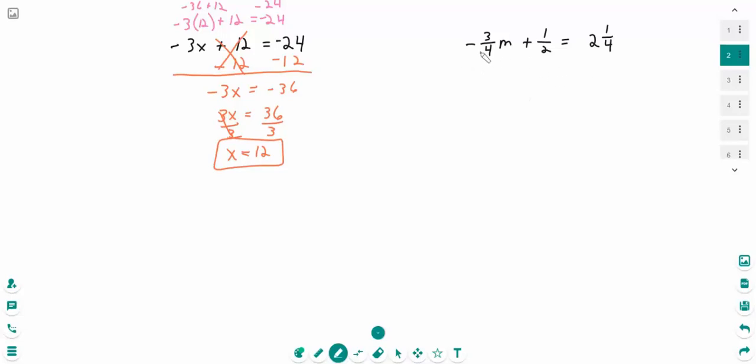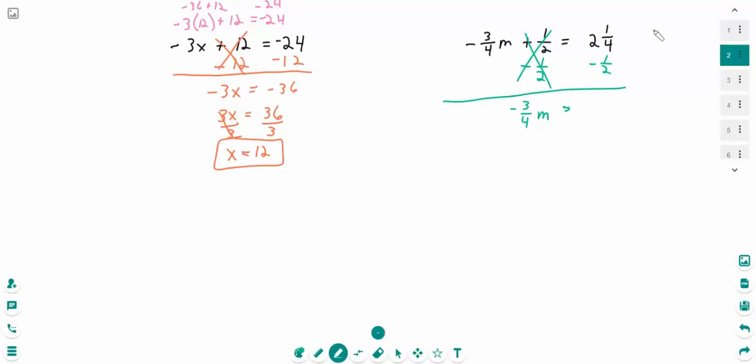So again, we're approaching this the same way. We have multiplication and addition. We're going to get rid of the addition first. So we're going to subtract 1/2 from both sides. These are going to cross out, and we're going to end up with a negative 3/4 m equals. Now here we have to first change this into an improper fraction.